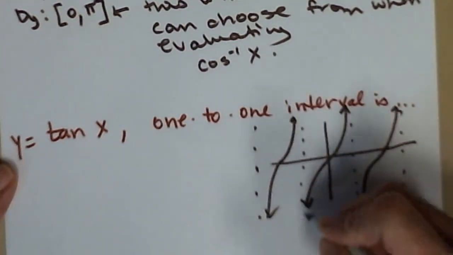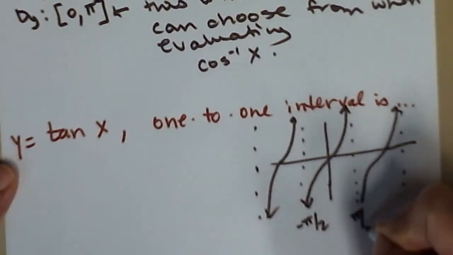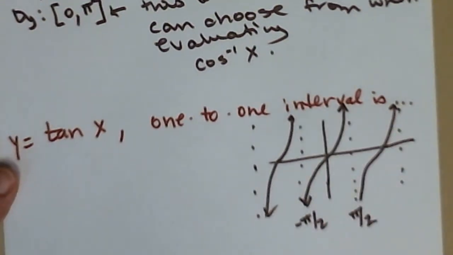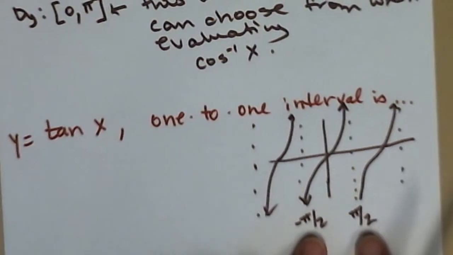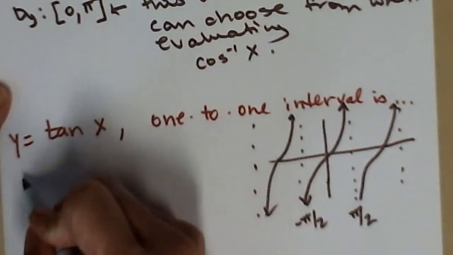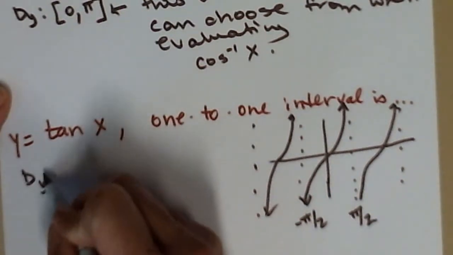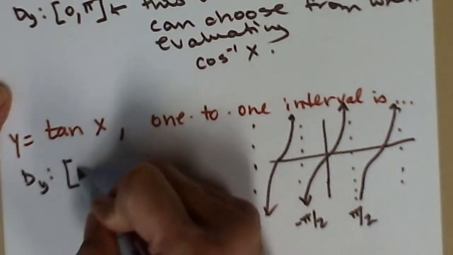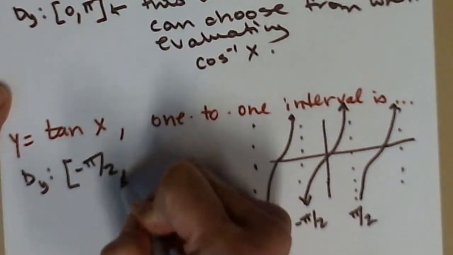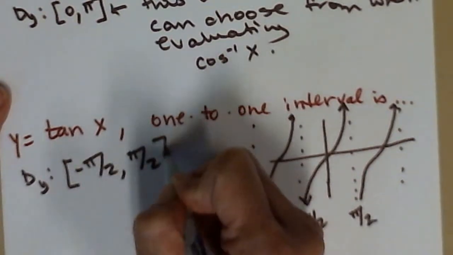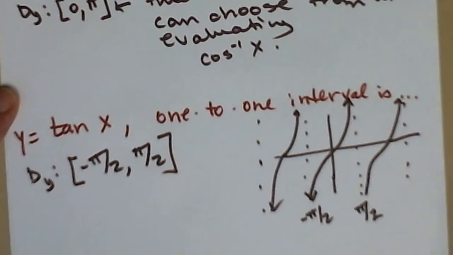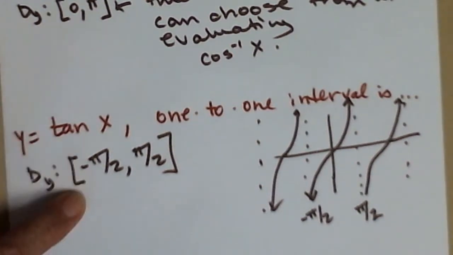Remember, tangent has that period of pi. And so the easiest one that we take is between negative pi halves and positive pi halves. So the domain of this one, where we will find our answers for inverse tangent questions, will be between negative pi halves and positive pi halves.